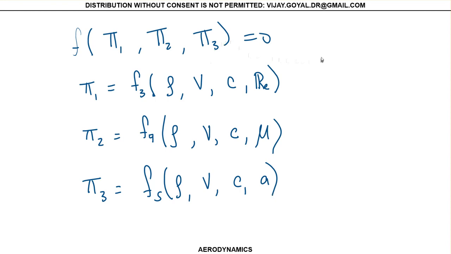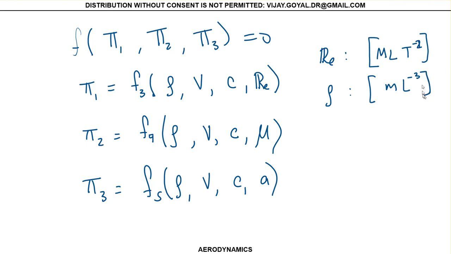Okay, so what we know is the following. We know that my Reynolds number, the dimensions are m, l, t minus 2. We know that your rho's dimensions are m, l minus 3. We know that your V dimension is l, t minus 1. We know your c dimension is l.